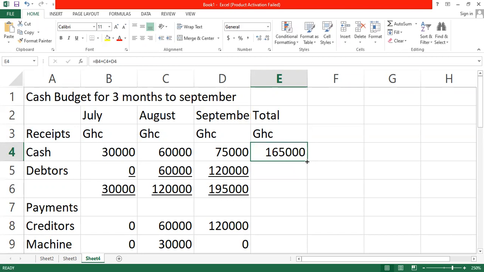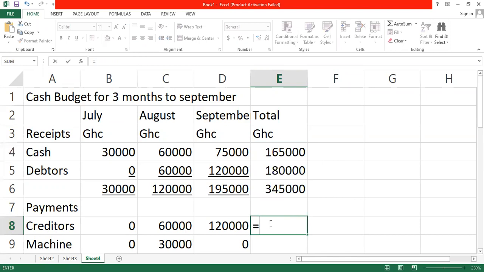Then I'll just drag it to this place. Then I'll also come here and do the total for this one.